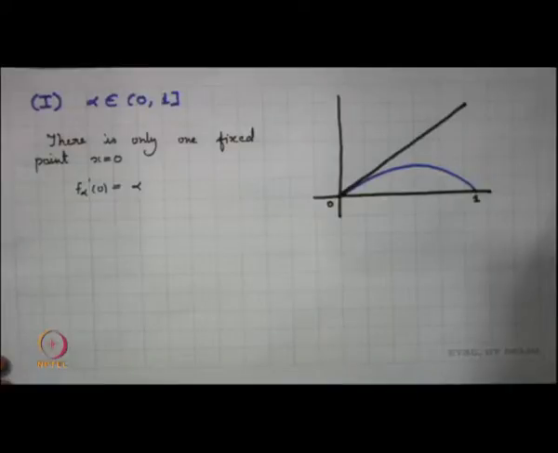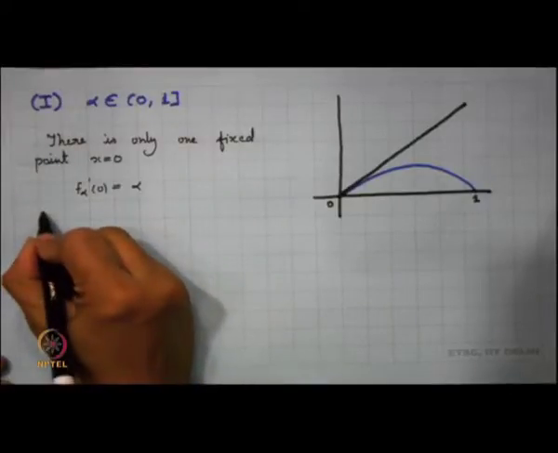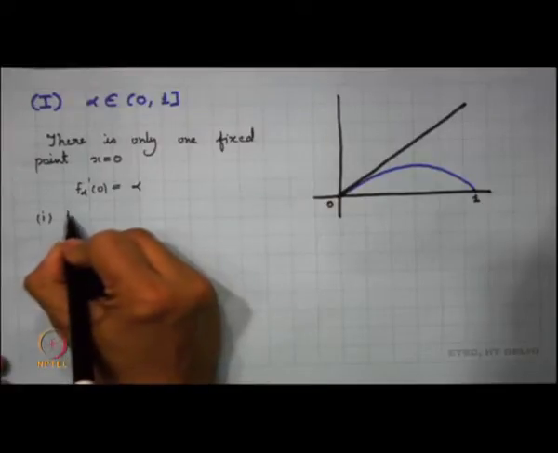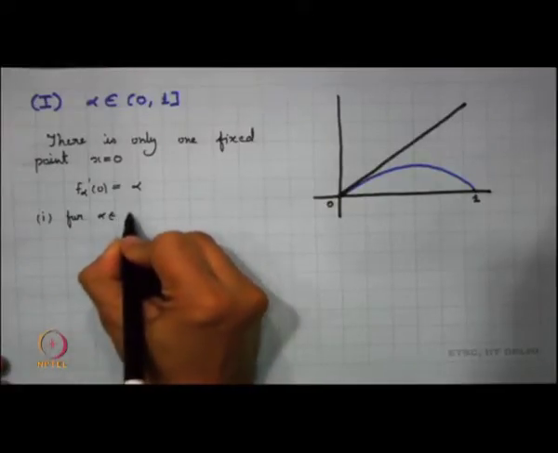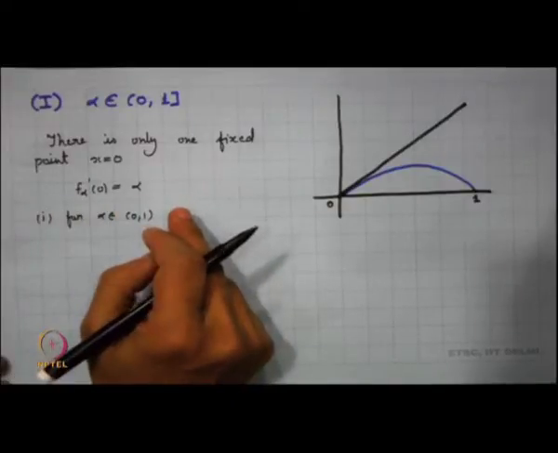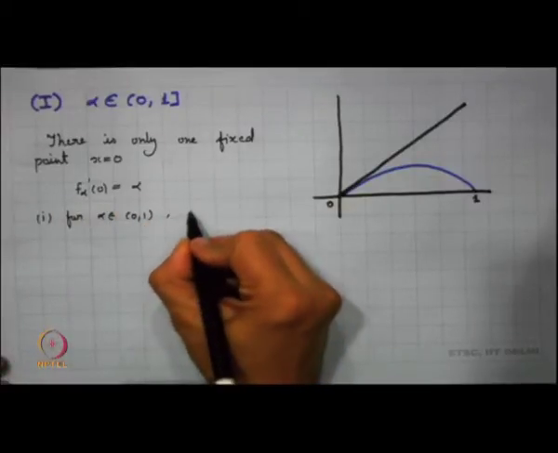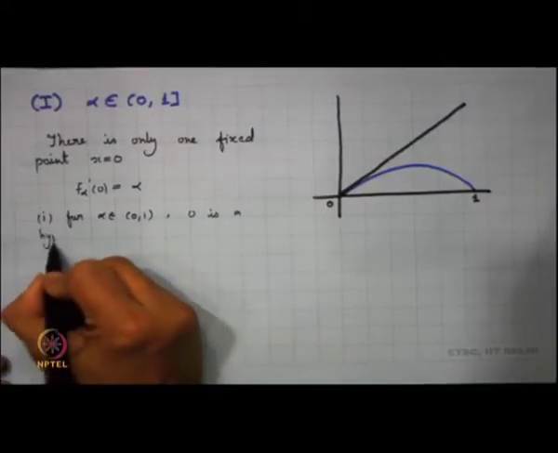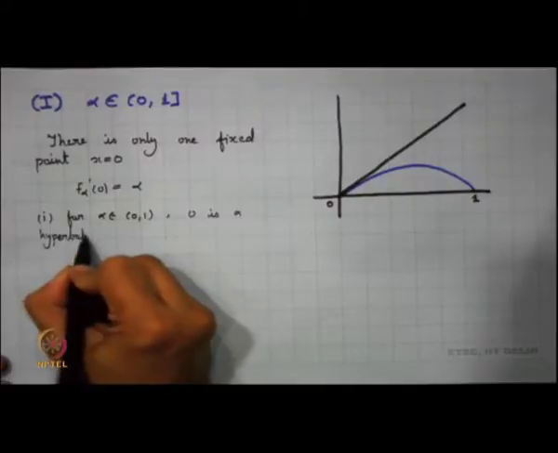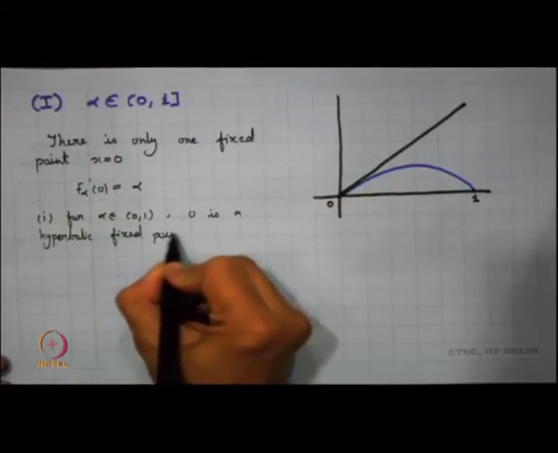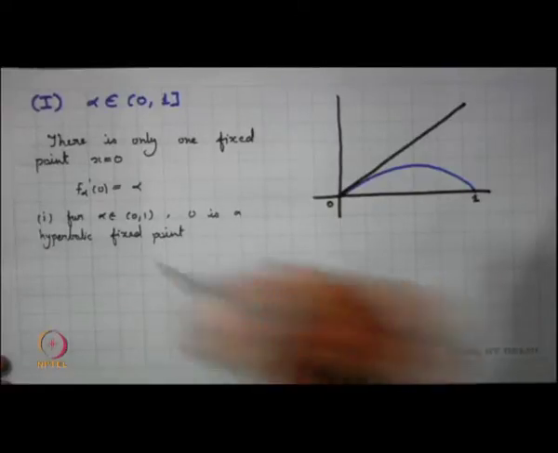And hence we can say that our first observation here is that when alpha belongs to (0, 1), this modulus will be less than 1. So, 0 is a hyperbolic fixed point, and it is also a sink.